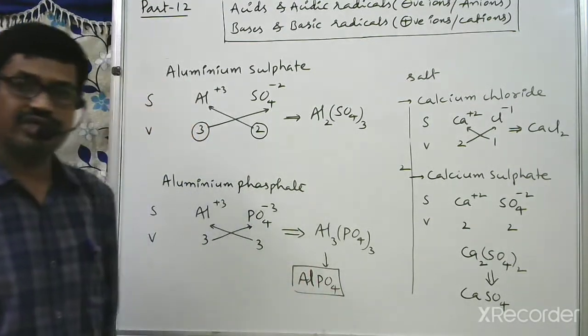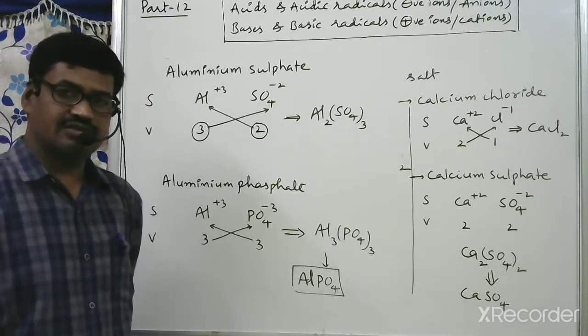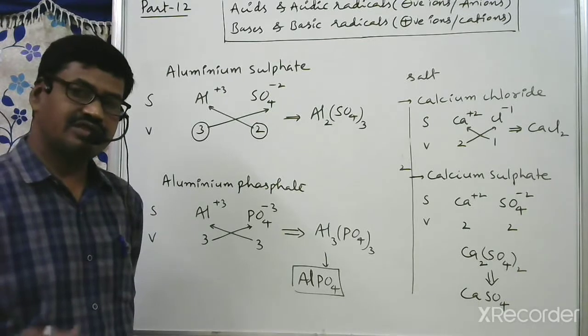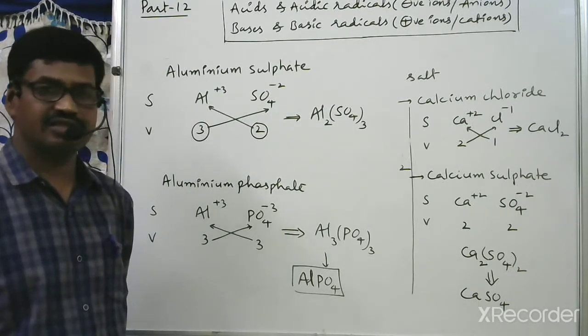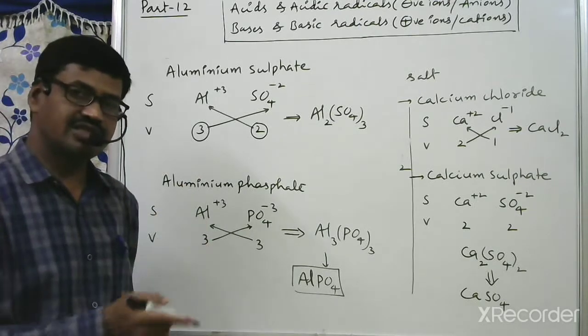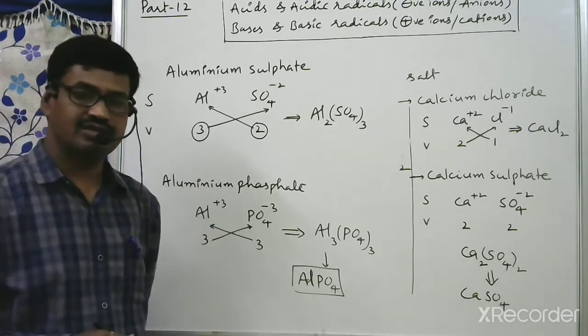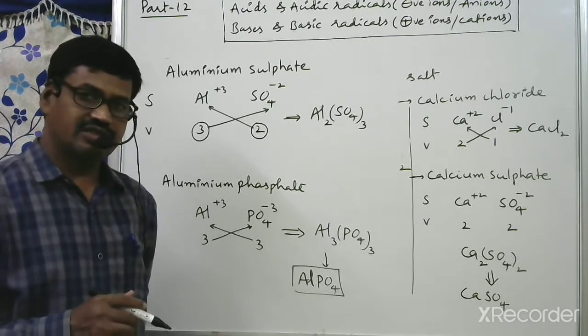In this way we can write the formulas of some salts. For this, what is the requirement? Acidic radicals and basic radicals. By combining acidic and basic radicals, with their combining capacity in a crisscross way, we can write a particular formula. This is a very important concept.